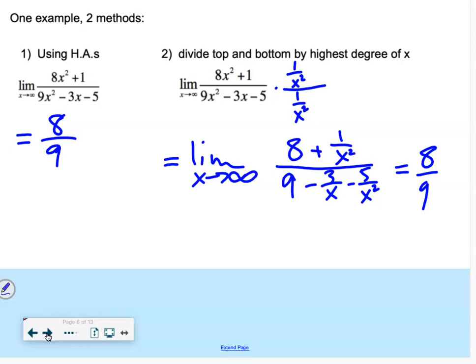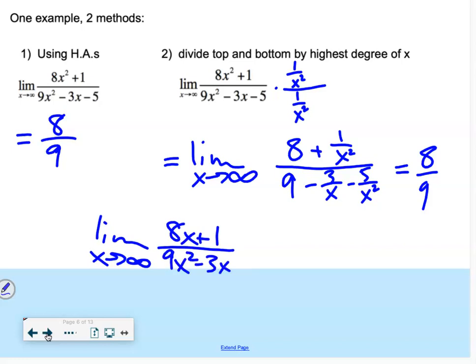If the bottom is bigger, like just doing a quick simple one, if we had the limit as x approaches infinity of 8x plus 1 over 9x squared minus 3x, whatever, then if we divide, it's actually easier in some of these not to divide by the highest, but by the height. Let's just divide by x.